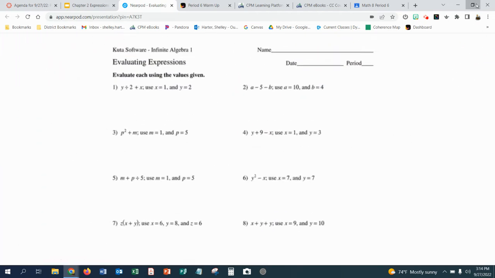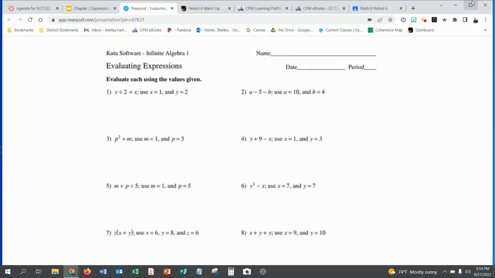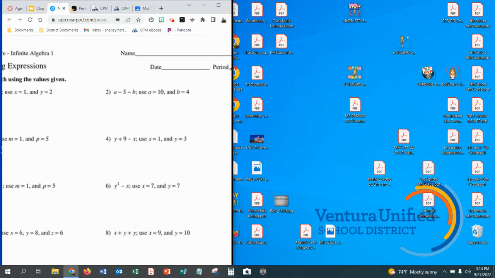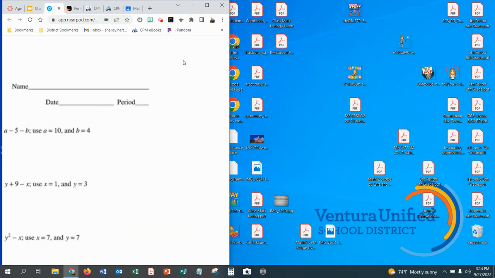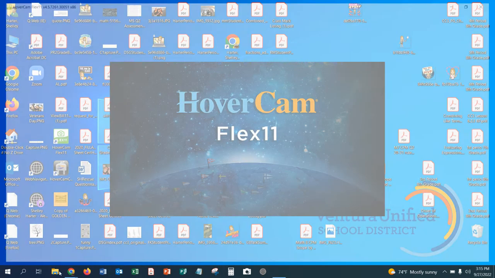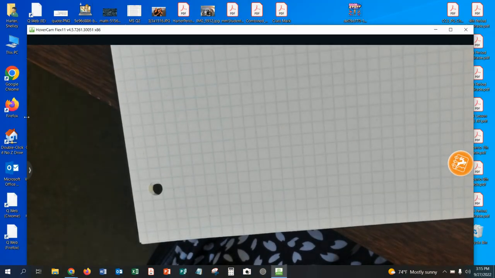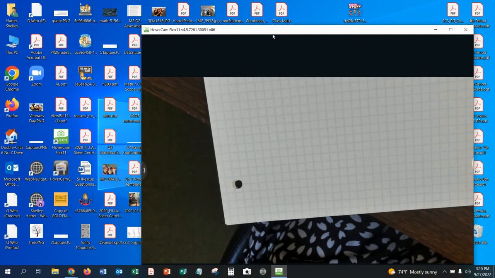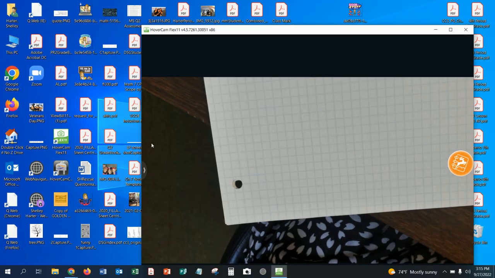And then we're going to go over here so we can get our dot camera going. Perfect. Dual screen.